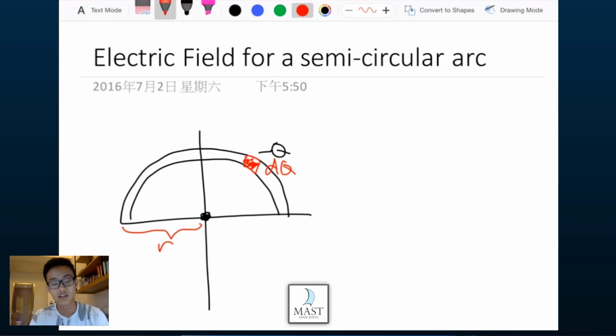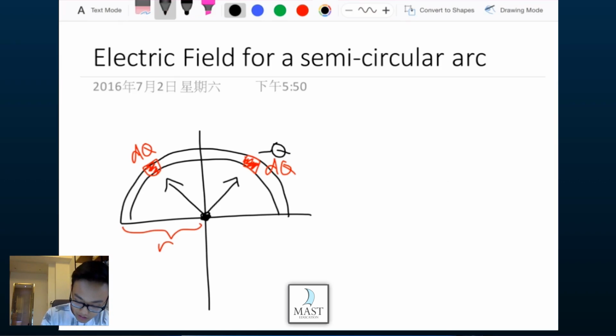And since it'll be much easier for us if we work with symmetry, we'll also take another segment here and call that dq. All right, so if we look at the electric field caused by just two of these dqs, the field lines will point as such. And we can call these two dE there and dE there.